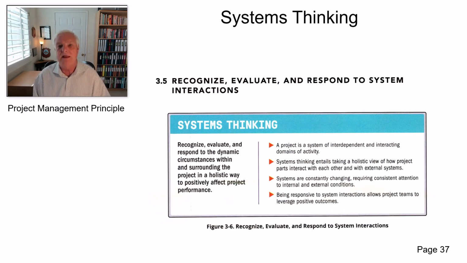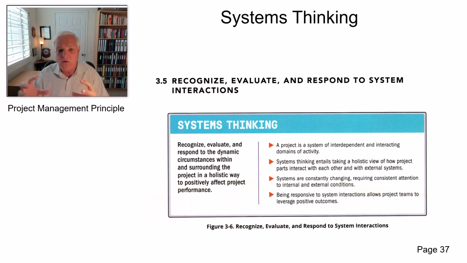Don't forget that. Systems thinking is something that we've always known is tied into how project management works, but it has never been pulled out as being an important principle. So it is a project management principle to recognize, evaluate, and respond to system interactions. And system interactions are based upon not only the system, the super system, and the subsystem.